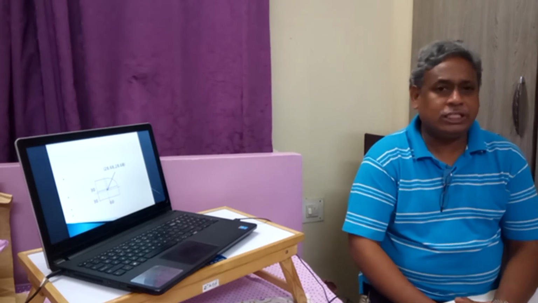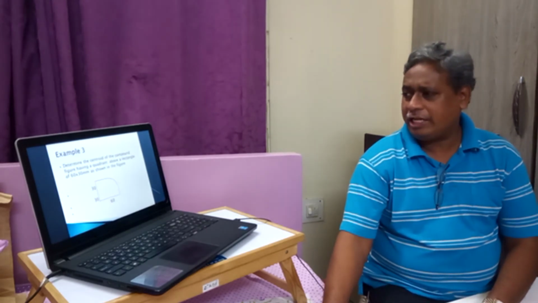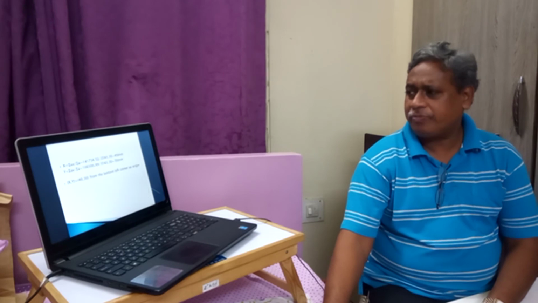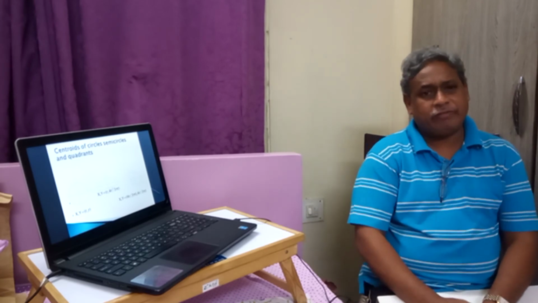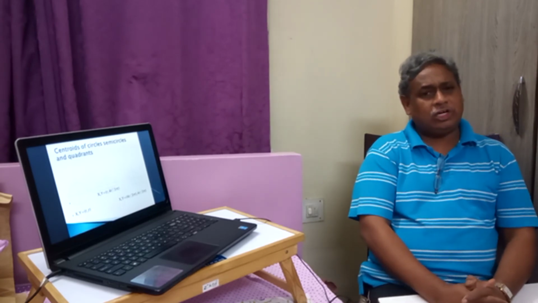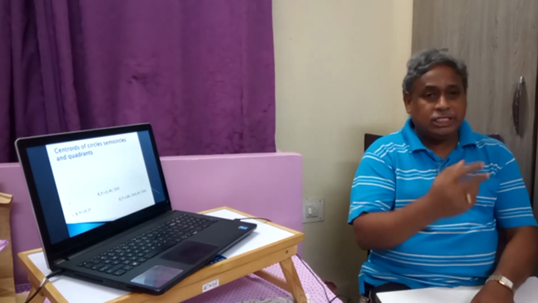Before concluding this session, once again I'll quickly recap what we have done today. In today's class we have taken the centroids of circle, semicircle and a quadrant. For a circle, the centroid lies at R and R, that is at the center of the circle.